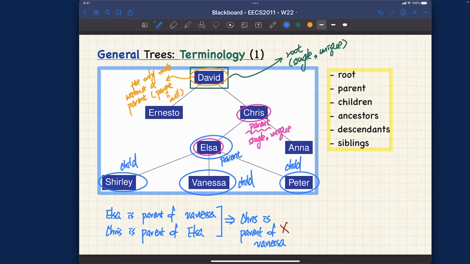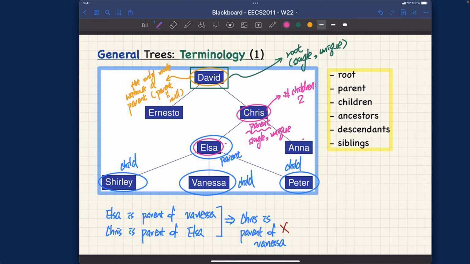Let's see some special cases. For Chris, how many children does Chris have? According to the family tree, it's going to be Elsa and also Anna. So for Chris, the number of children is actually 2.